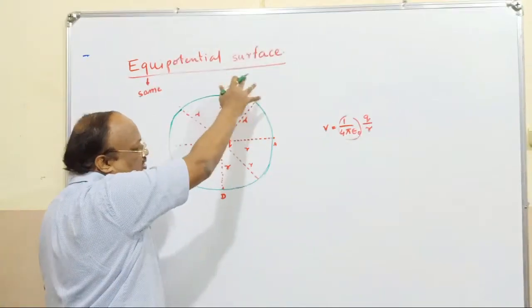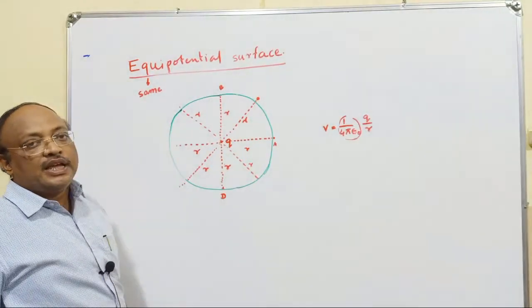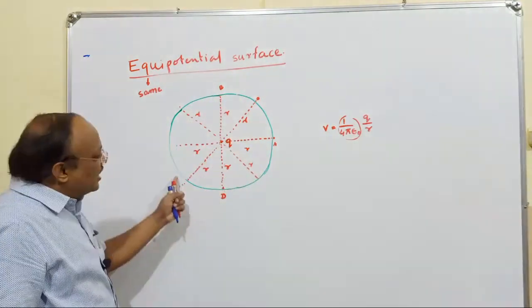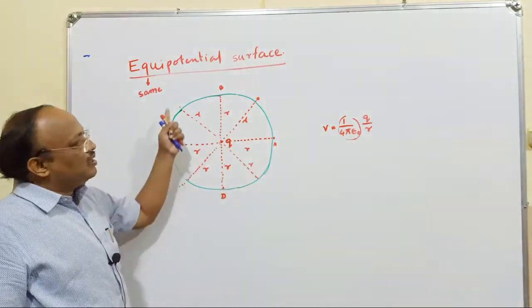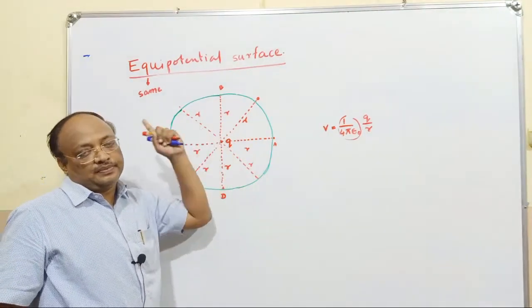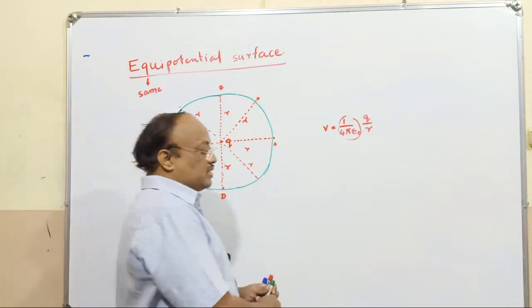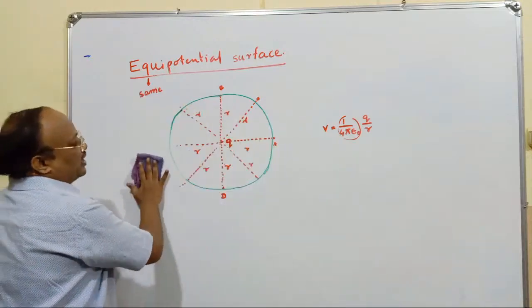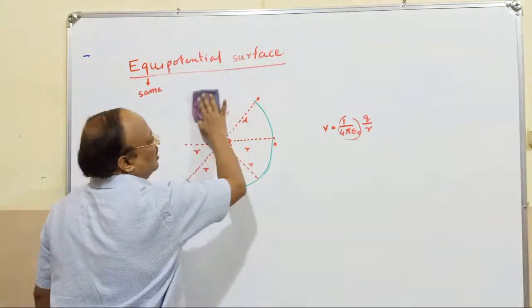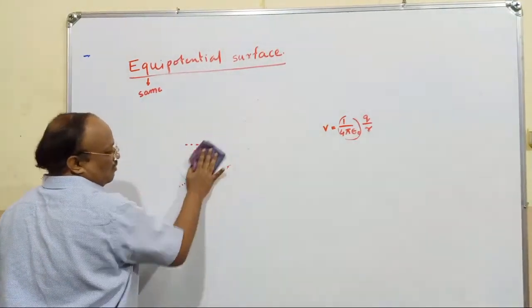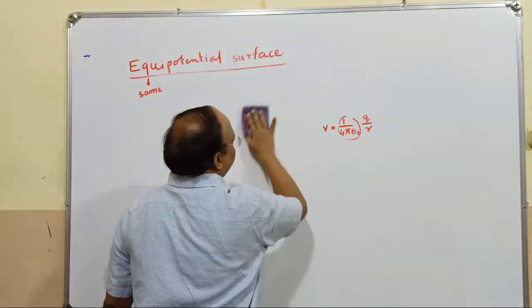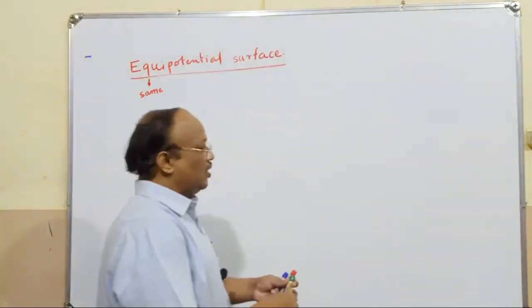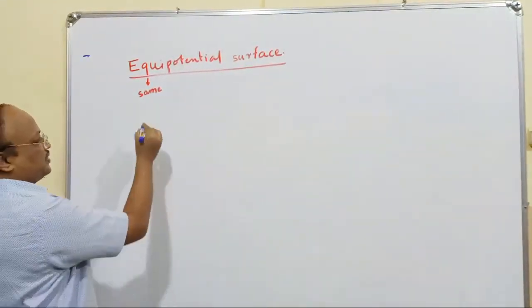So that is why we say it is an equipotential surface. Okay, so we'll see now what are the properties of equipotential surface.